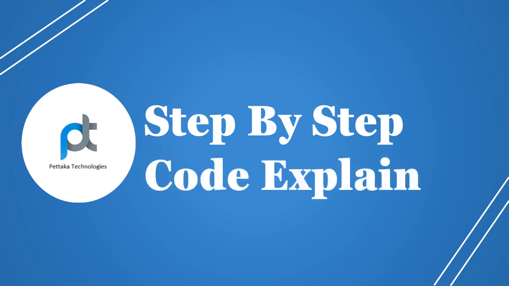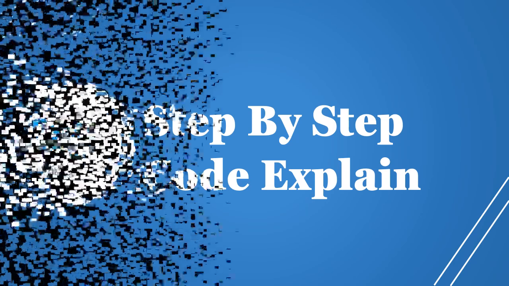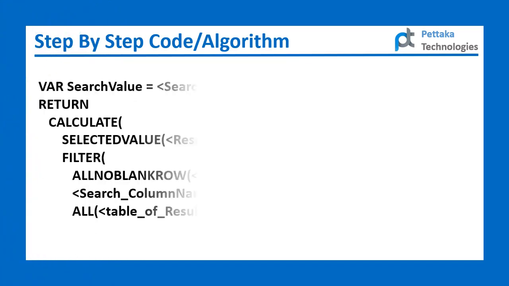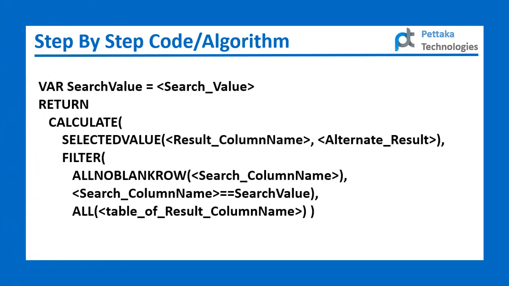We will explain the algorithm step by step. The algorithm starts with the variable name, and you can select the search value, and we will start with the CALCULATE function open bracket.